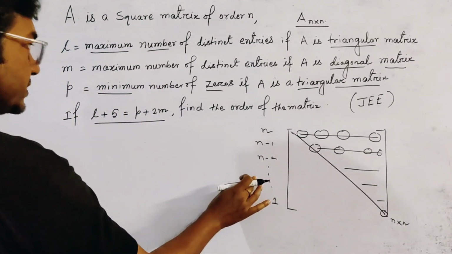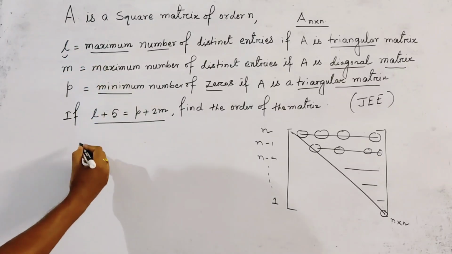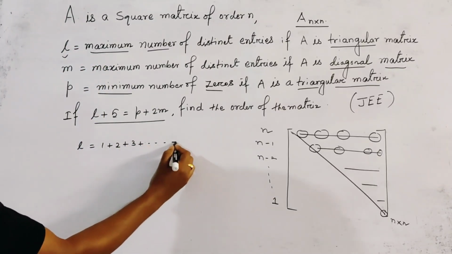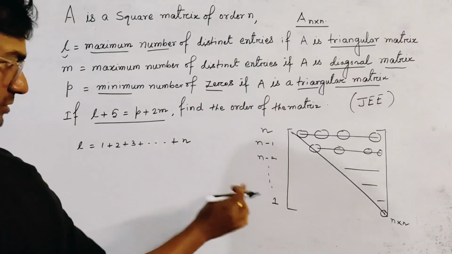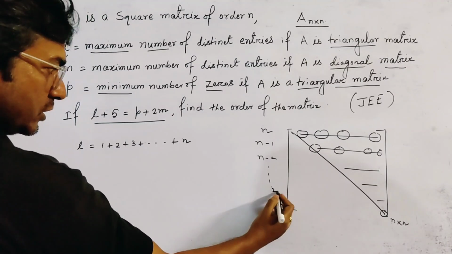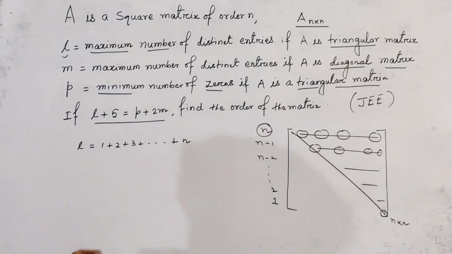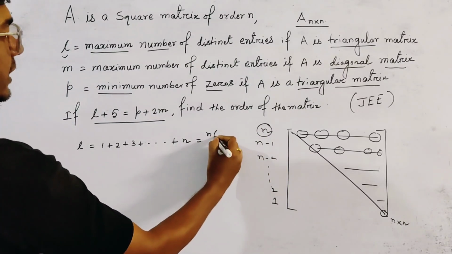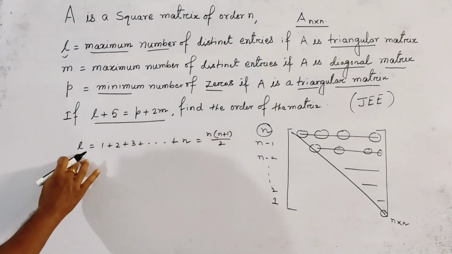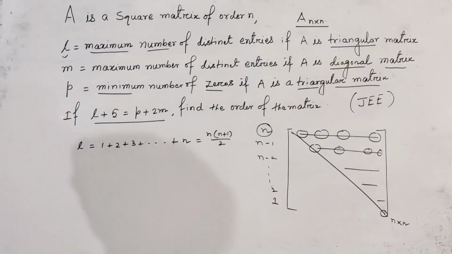So we get the maximum value of L, given by 1 plus 2 plus 3 plus up to n. We take the summation from 1, 2 up to n, which is given by n into n plus 1 by 2. Okay, so we get the value of L first.